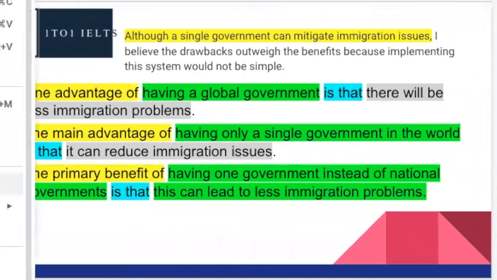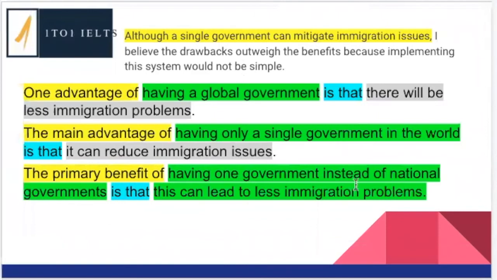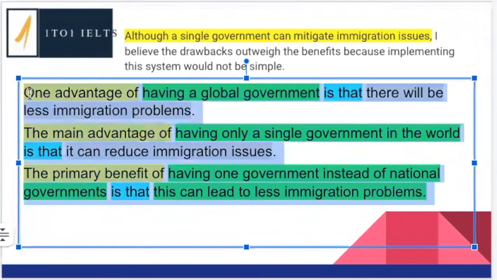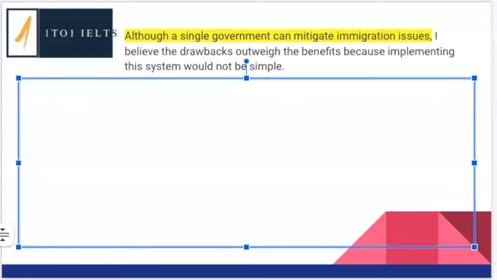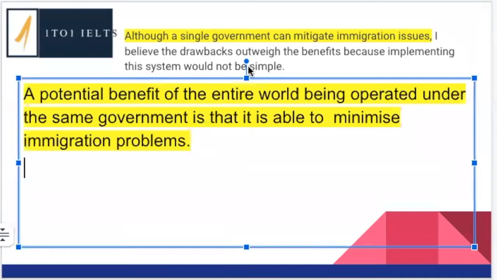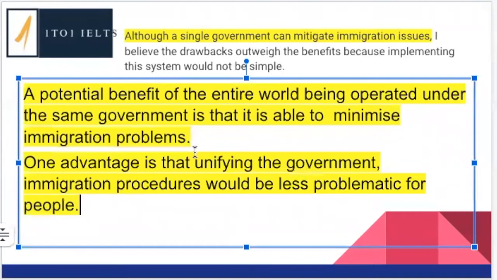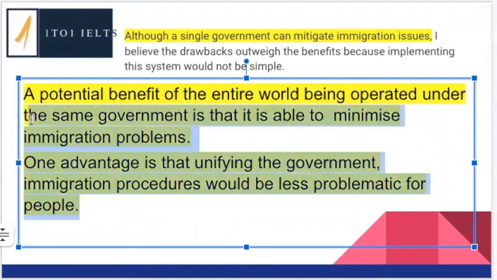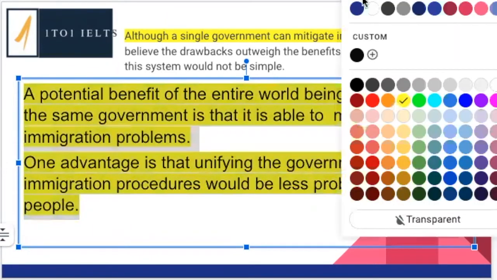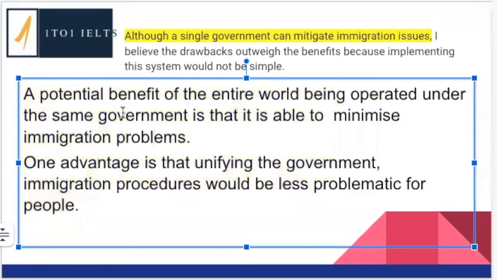What I'm going to do is, one second, we duplicate the slide, so I've got some space. So a potential benefit of, okay, so this works.